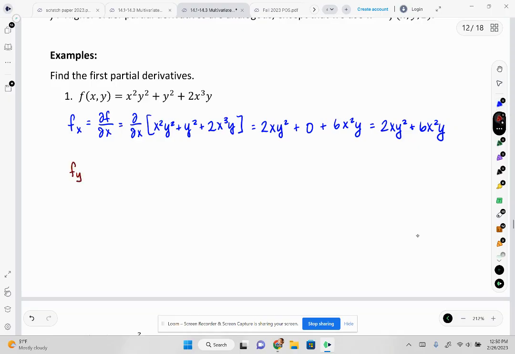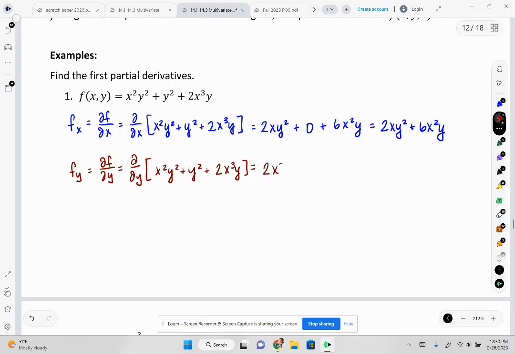Now f sub y is going to be del f del y. So we need to come up with our operator. It's del y. We're going to be taking del y of x squared y squared plus y squared plus 2x cubed y. And when we take this derivative on the first term, it's with respect to y, so x is now a constant. It is fixed. So we can kind of ignore the x squared, focus on the y squared. The derivative of y squared is 2y.